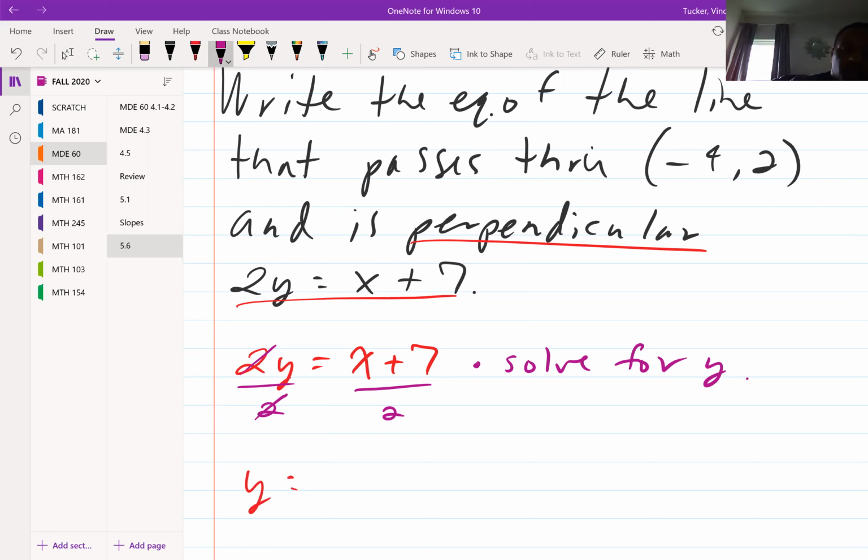And don't forget that this 2 goes into each term in the numerator. So it's 1/2 x plus 7 over 2. This means that my slope is 1/2.